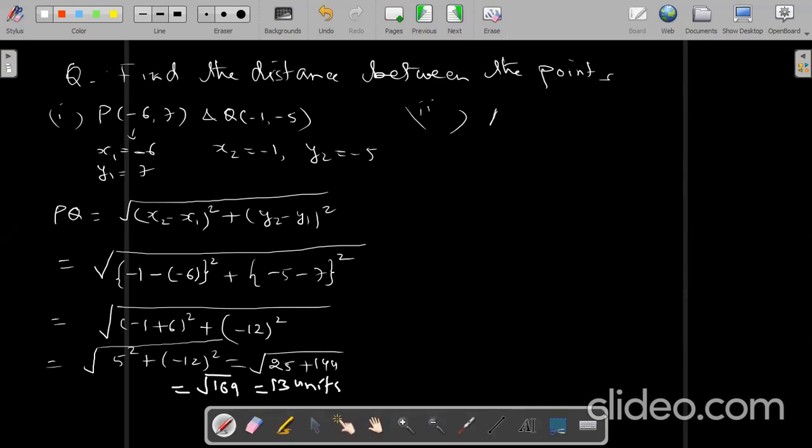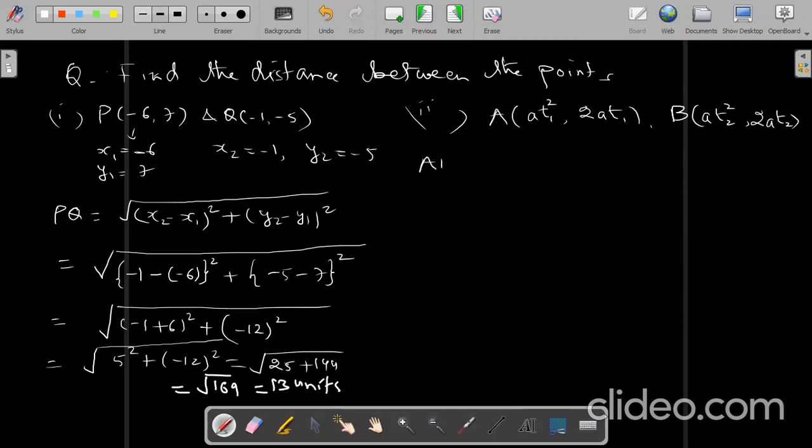A is a point whose coordinates are a t1 square and 2a t1, and B is a point whose coordinates are a t2 square and 2a t2. t1, t2 are variables. So find the distance between these 2 points.